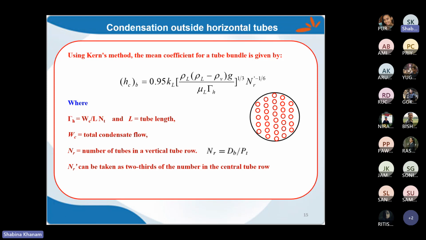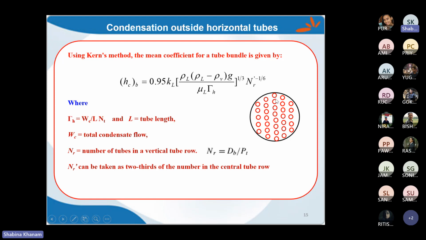So this NR you can consider at the middle. However, what is NR prime? NR prime is what you get when you are moving from here to here, and here to here. You will have a reduced value of the vertical tube rows.